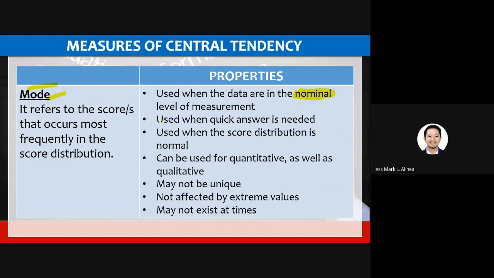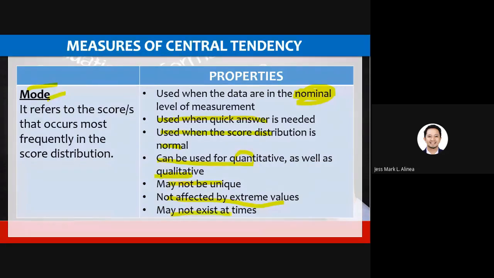So when given a set of scores, kung ano yung most frequently occurring na score, yun yung mode natin. Used when quick answer is needed, used when the score distribution is normal, can be used quantitative as well as qualitative because it's nominal, may not be unique, not affected by extreme values, and may not exist at times. Kung wala namang most frequently occurring score, edi wala kang mode.